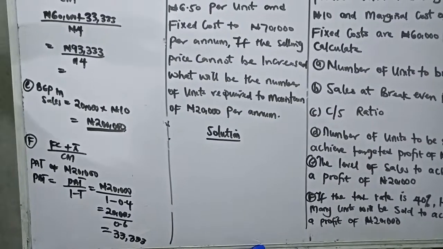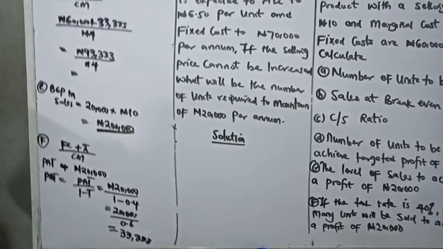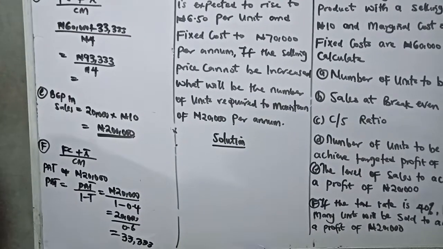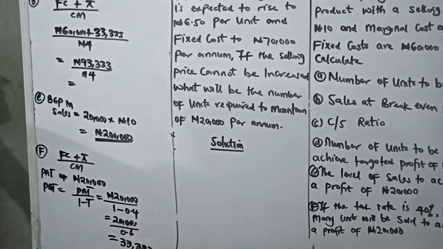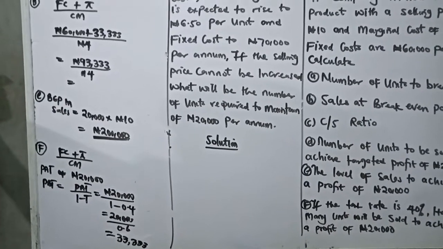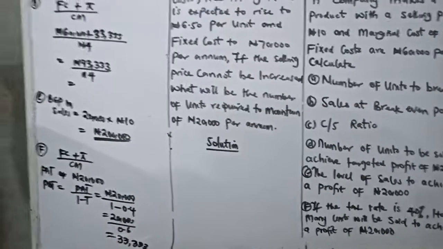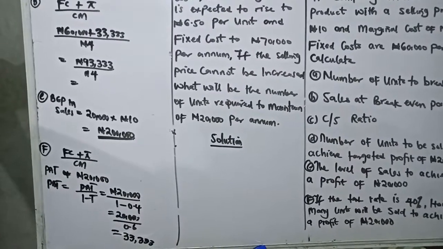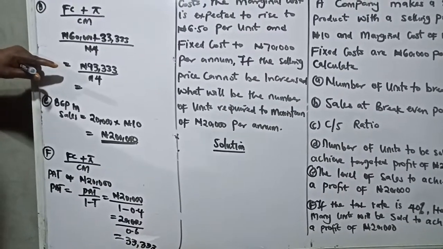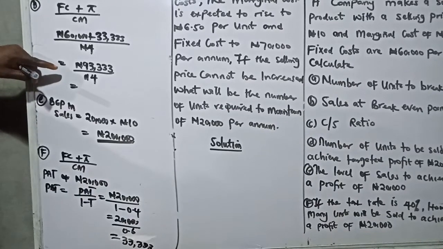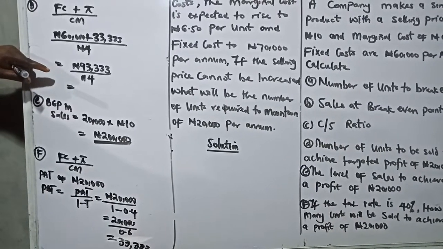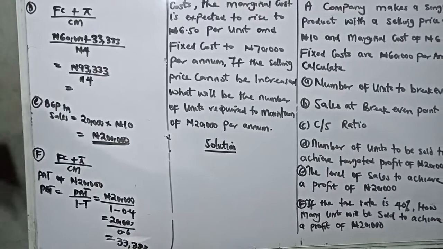So our break-even point in units will now be 93,333 divided by 4. Remember how we got this 4? This 4 is our contribution margin per unit. So let's see what we will get. 93,333 divided by 4.